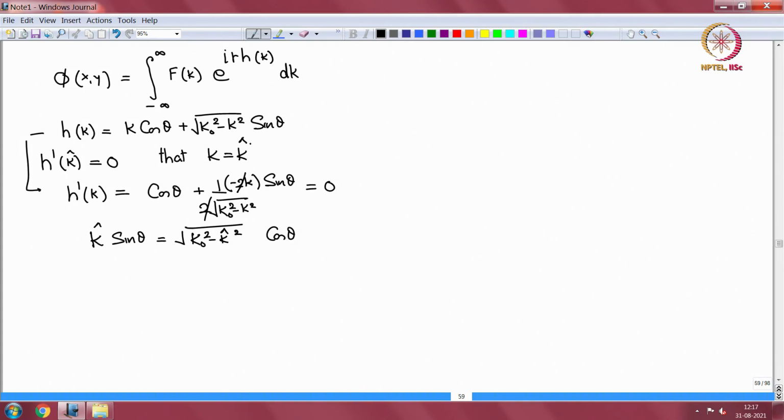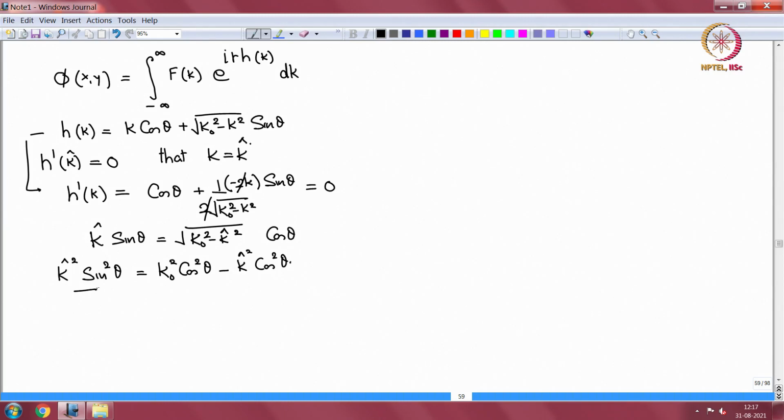Okay, we square both sides. If we square both sides, we get k hat square sine square theta is equal to k0 square cos square theta minus k hat square cos square theta.